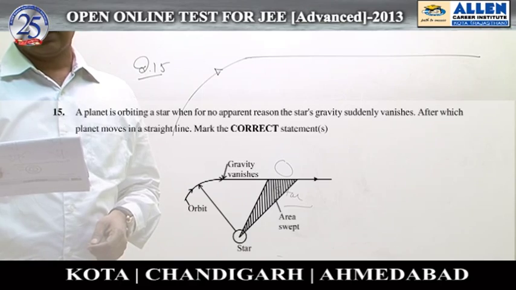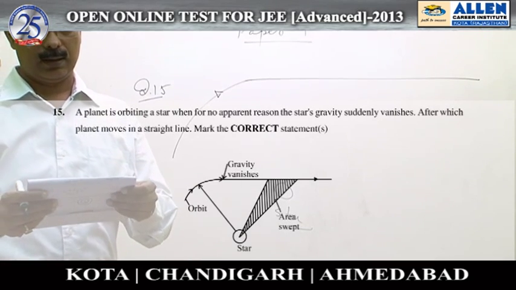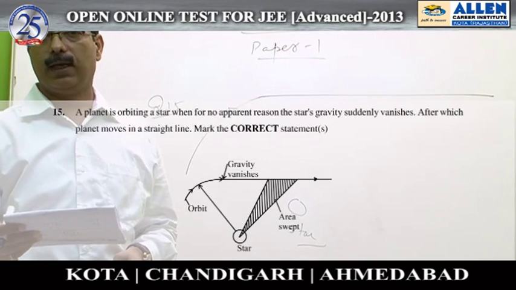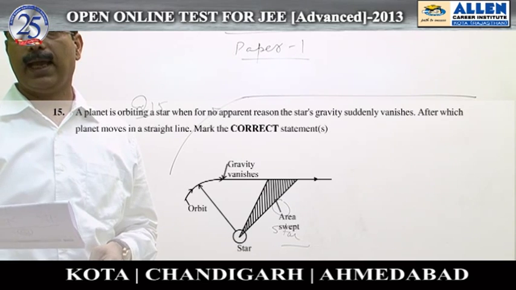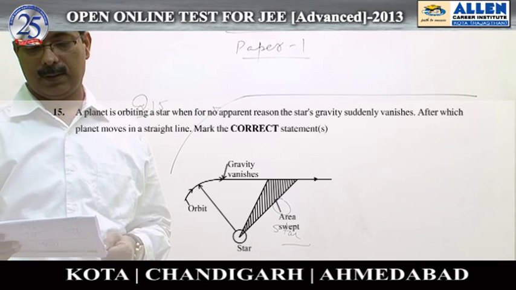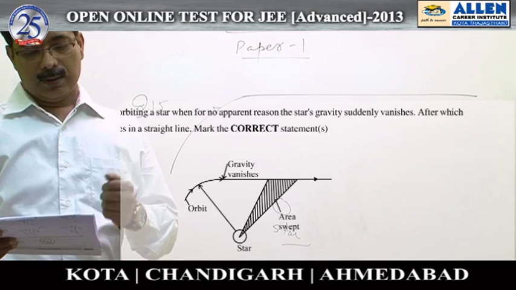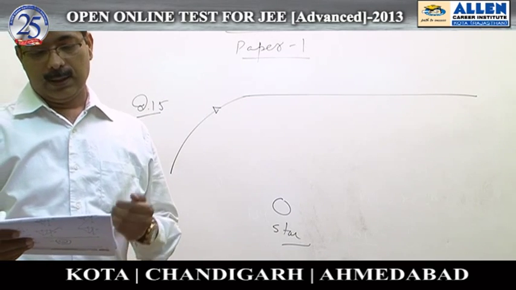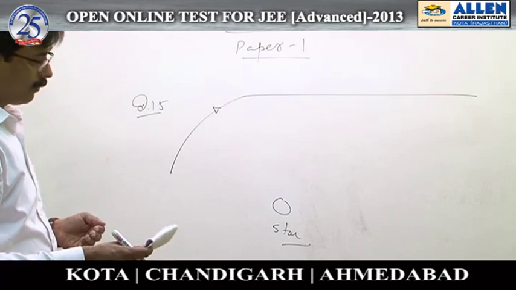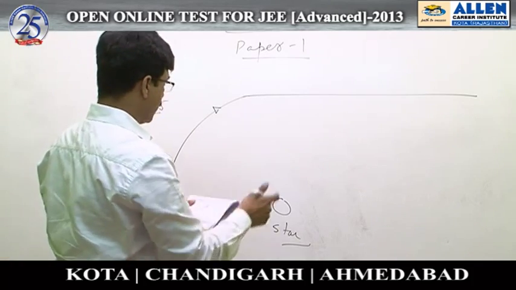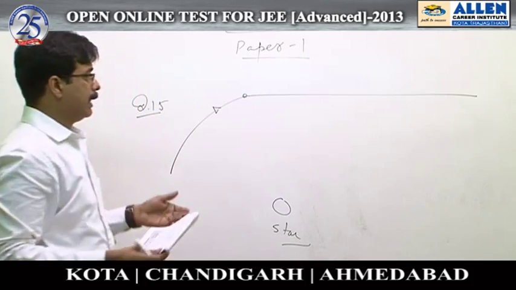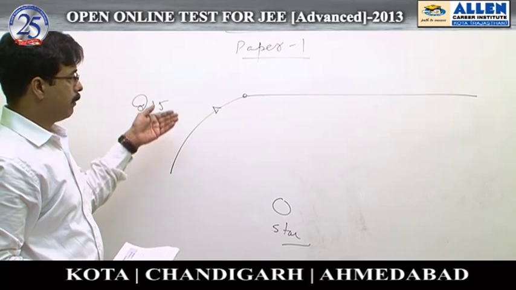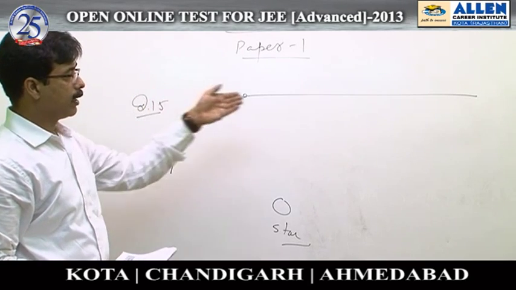Question number 15 is based on the fact that gravitational force is a central force, and under the influence of central forces, angular momentum is conserved. Secondly, we have been talked about Newton's first law. It says what happens after gravity vanishes. When gravity vanishes at this point, the external force becomes 0. The particle continues along a straight line.